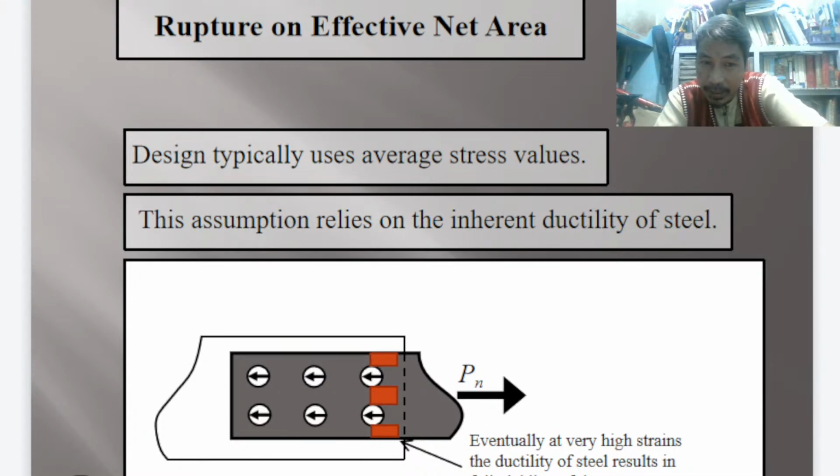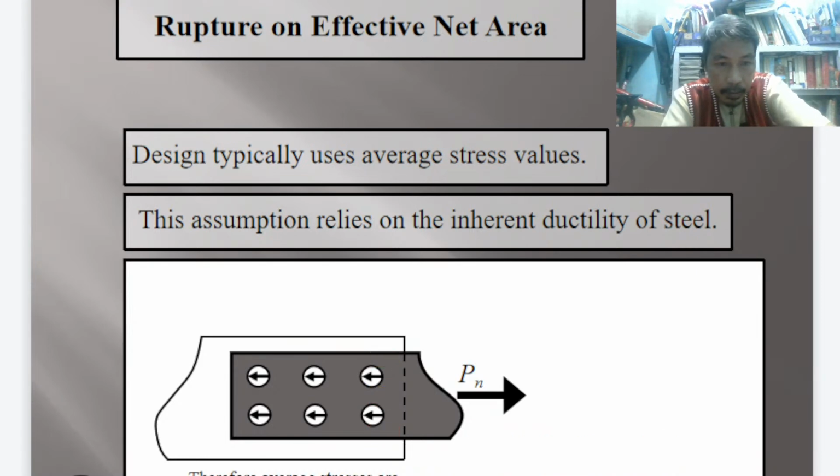Take a look behind the holes. There is no stress felt by this member. Therefore, average stresses are typically used in design, when we are on the full capacity of the material.